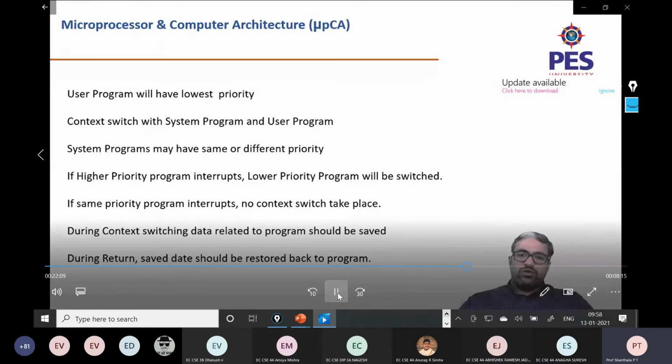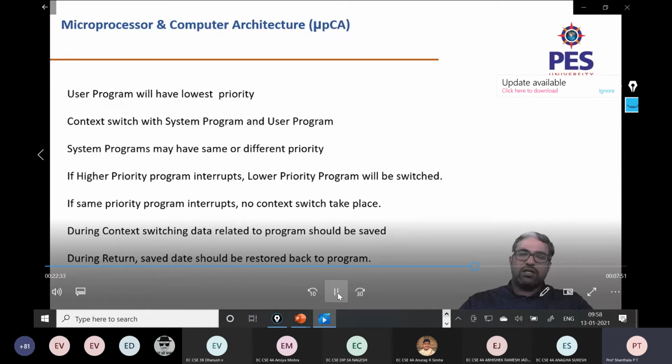As I showed you previously, a system program can be low priority or high priority. If a low priority program is executing and a high priority program comes for execution, then the low priority program will be removed and the high priority program will be given a chance for execution, right? So removed means context switching.